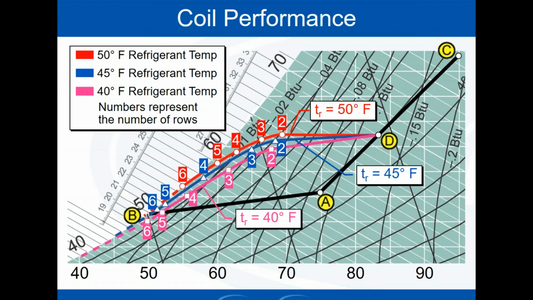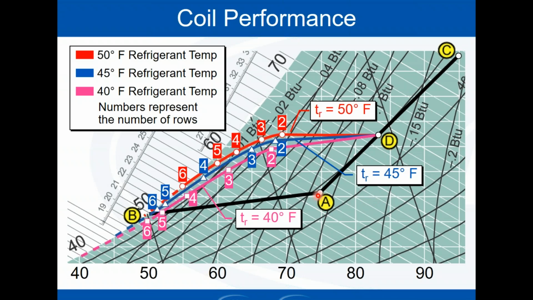Michael's also asking if there's a high density load in the space, will that contribute to the sensible heat ratio? It won't affect the sensible heat ratio, but it will affect where my starting point is, D in this case. So my D on here would be in a different spot, somewhere else depending on the load of my space.